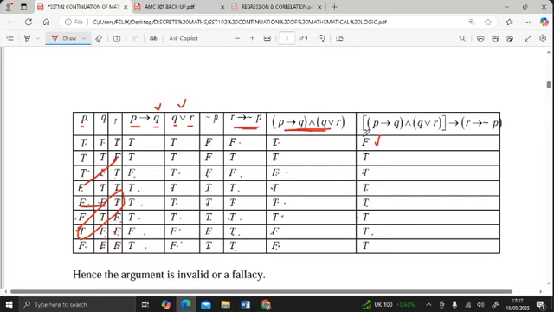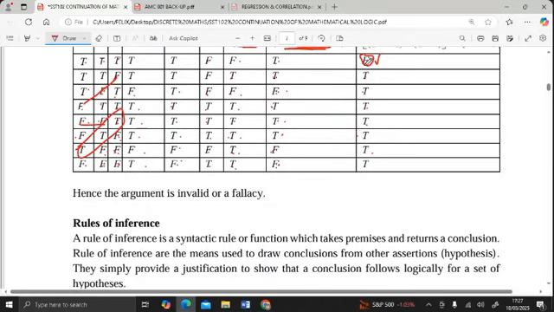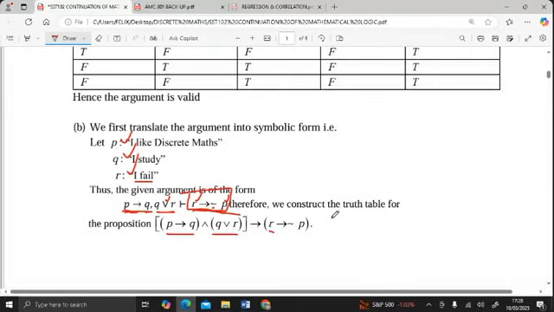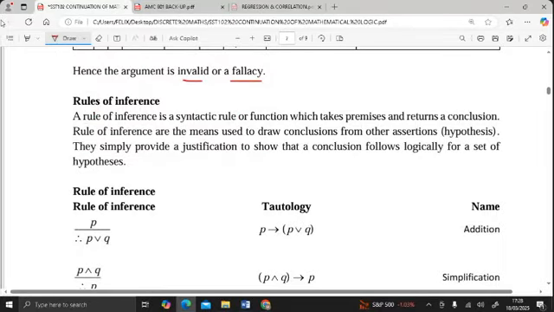True implication true is true. False implication true is true. And now we see that we have one F here. If all of these were true, we could have said that it is a valid argument. But because it's a mixture of false and true, we say that it is an invalid statement.